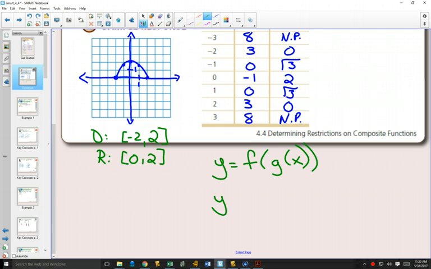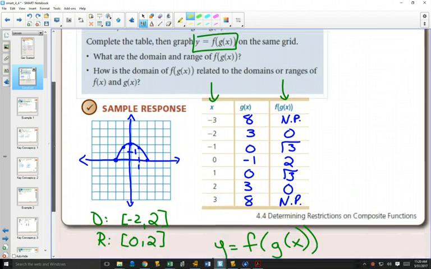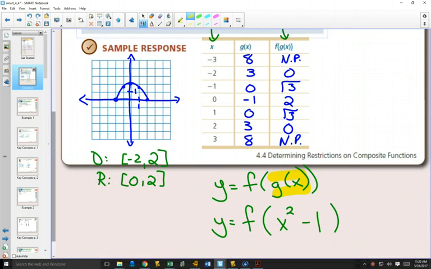Well, g of x was equal to x squared minus 1. So you would plug that in for g of x, right? G of x, if I highlight it up here in yellow, there's g of x. So all I've done is replace this yellow part here with what it's equal to, x squared minus 1.